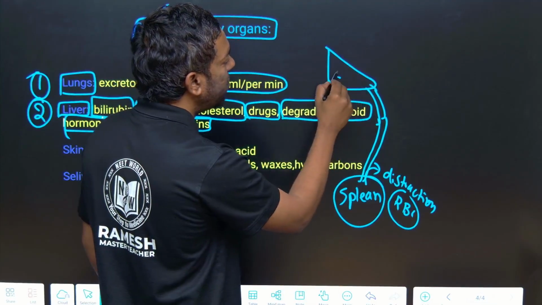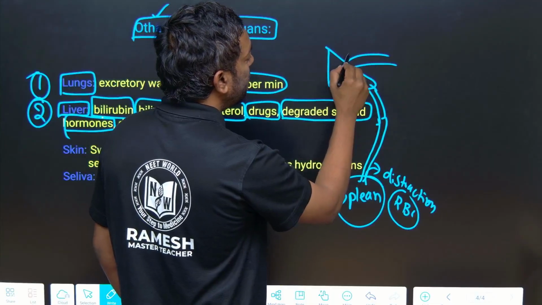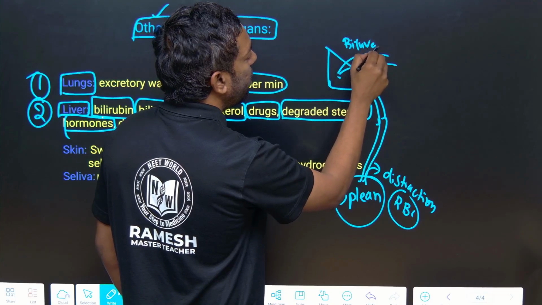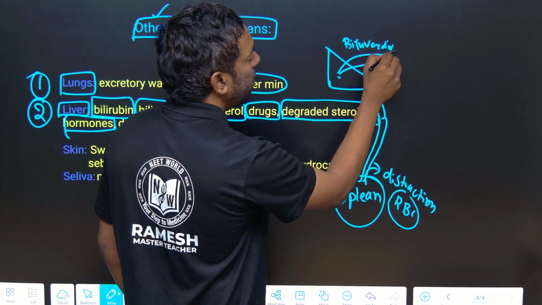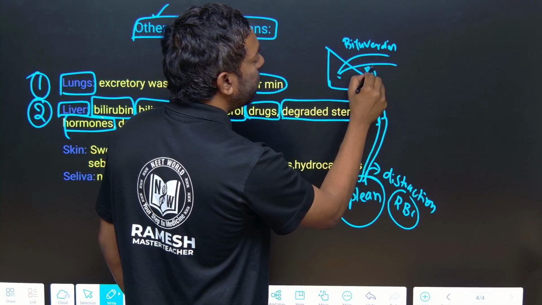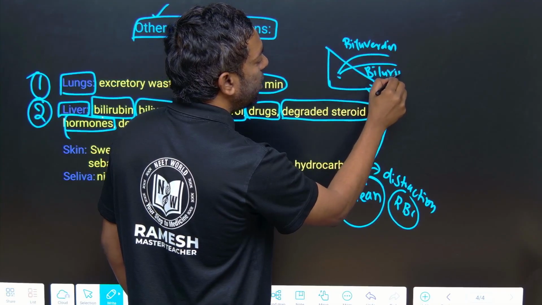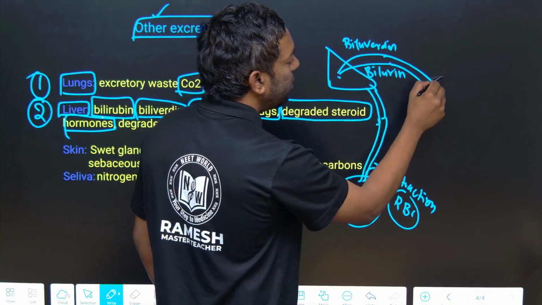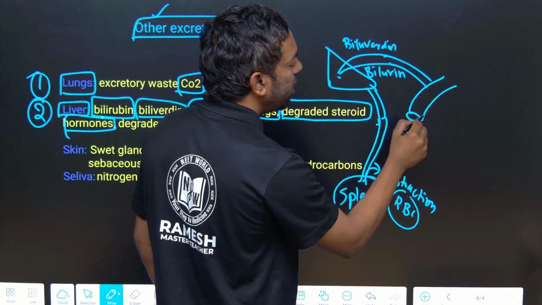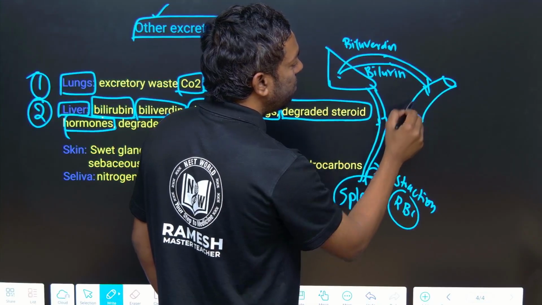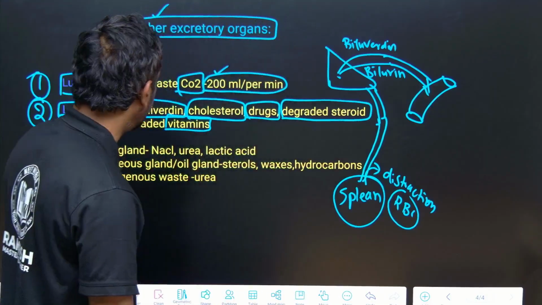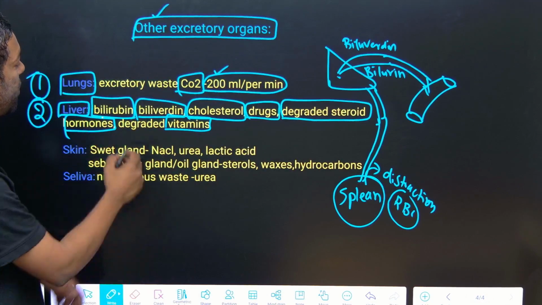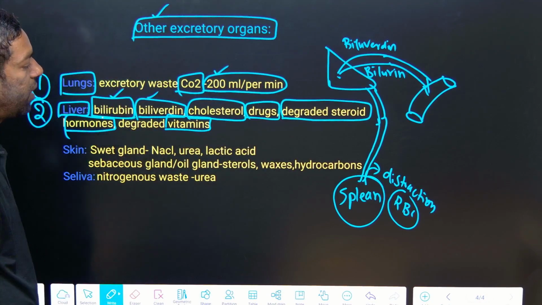The liver makes bile juice, that is biliverdin and bilirubin. That enters into the small intestine. Further they are absorbed in the small intestine. This is what the liver does, producing bilirubin and biliverdin.